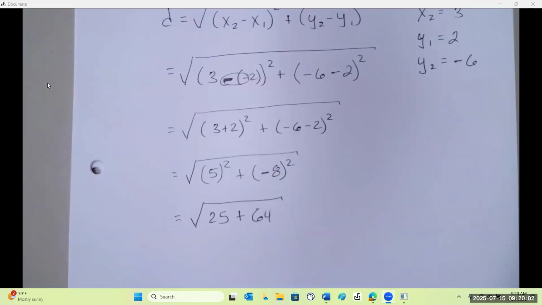Did we run out? So don't take any extras. Take one each. That's all you need. So 25 plus 64 is 89.